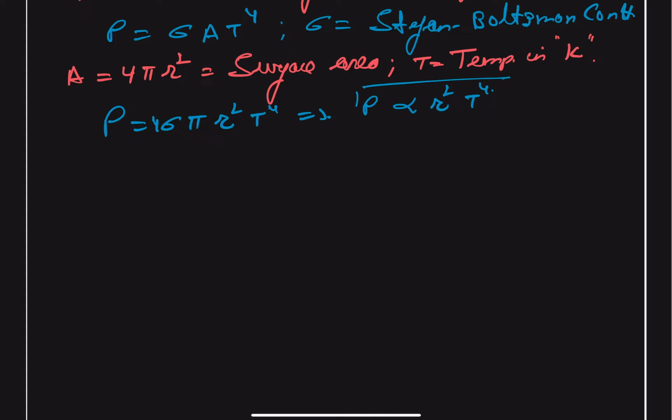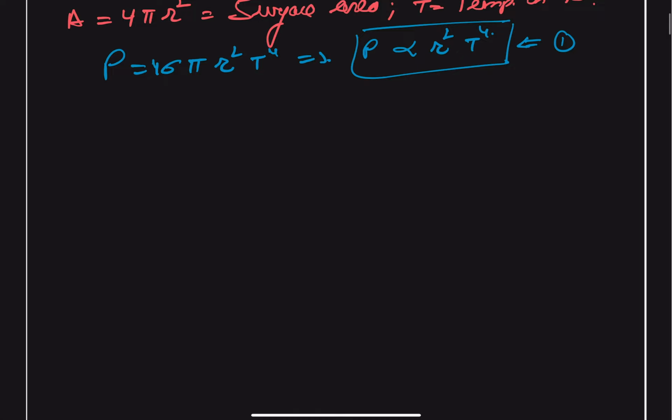Let us call this equation 1 for initial as well as final. Here initial means before the increase of radius and temperature, and final means when the temperature is doubled and radius is halved. So we say initial power, we call that Pi, is directly proportional to initial radius Ri square and initial temperature raised to power 4.